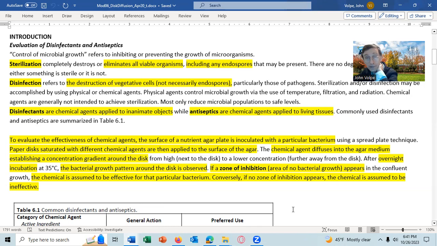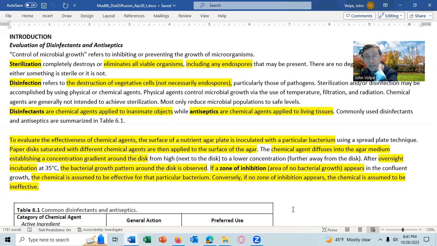The chemical agent will then diffuse out of the disc and into the agar, establishing a concentration gradient in the agar around the disc. You then allow the plate to incubate overnight for the bacteria to grow and look at the bacterial growth pattern.